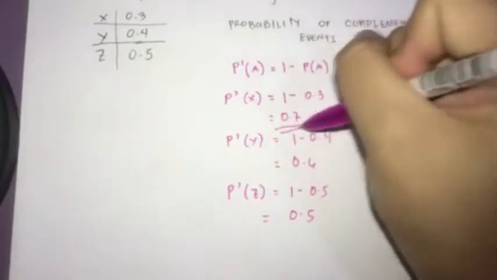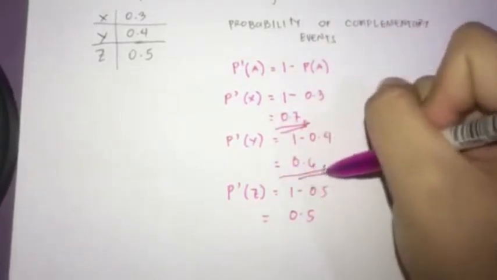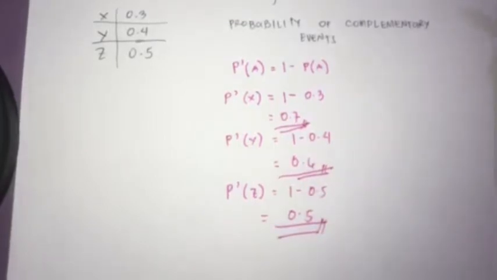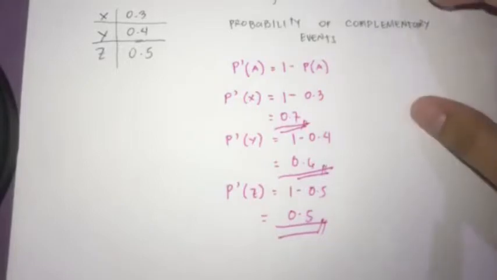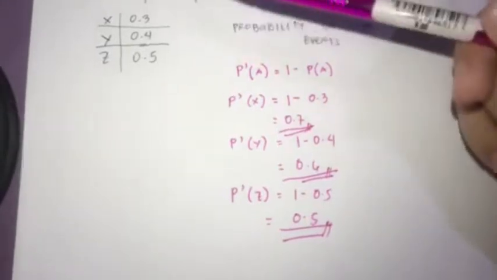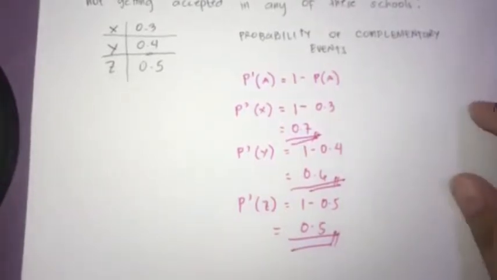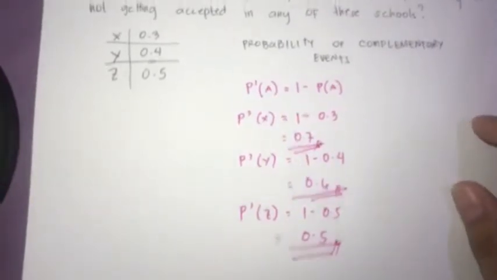So, we got the probabilities that they will not be accepted. Now we will simply multiply all those probabilities for each school, X, Y, and Z, to get the total probability of not getting accepted in any of these schools.